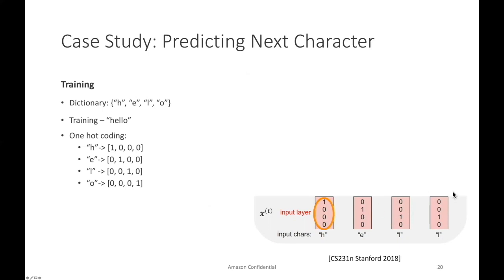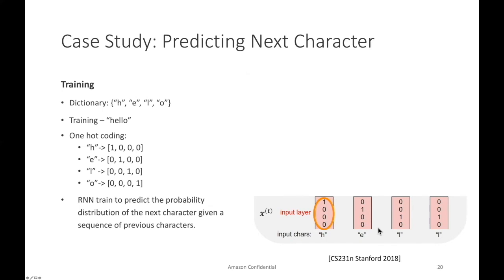The reason for one-hot encoding is we cannot feed anything other than numbers to the neural network. It is essentially doing matrix multiplications, and as such, feeding letters is not possible. So we have one-hot encoded them.